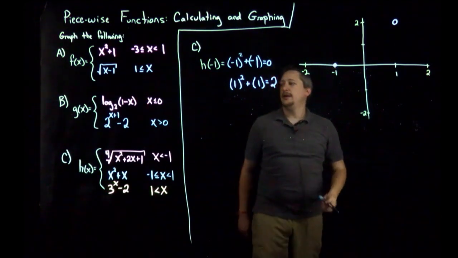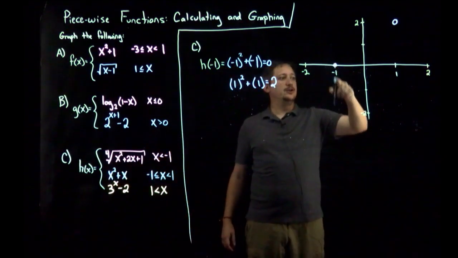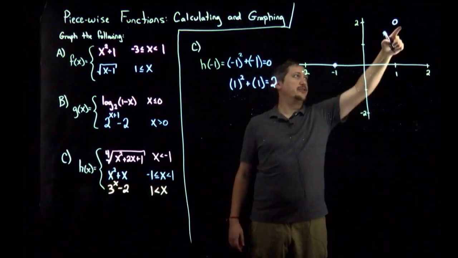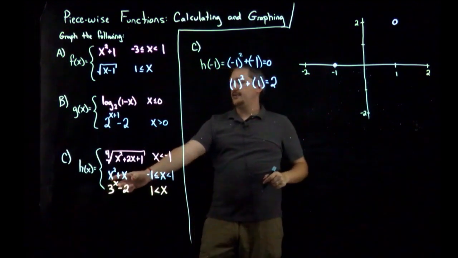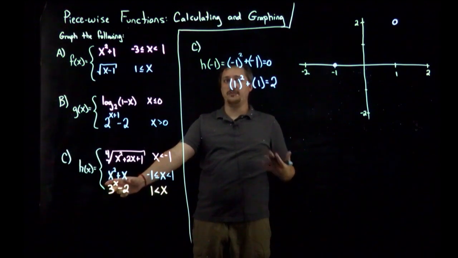Now, last but not least, I need to know where the vertex is, because I don't know if this thing is way down here, or through there, or over there, or over here. So to find the vertex, I have a lot of options. I can do, for example, vertex form, which is completing the square.